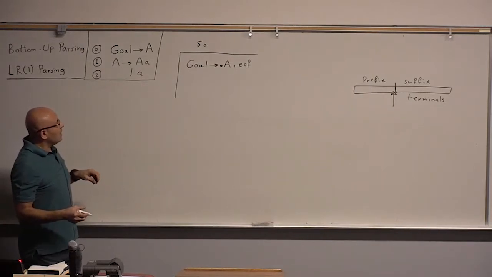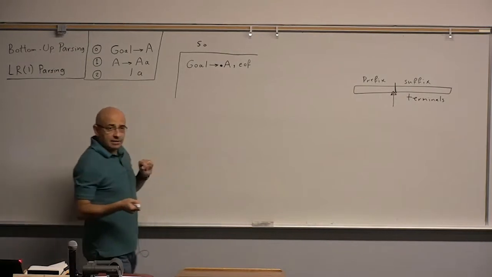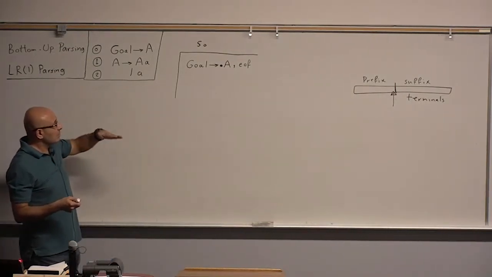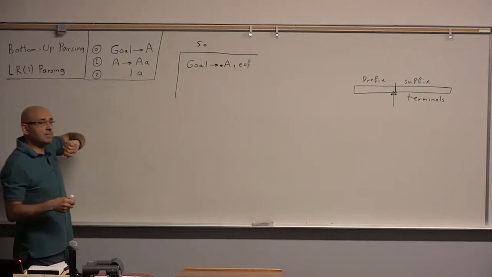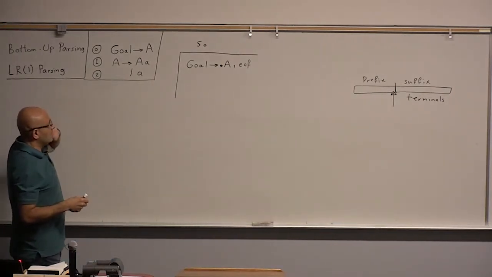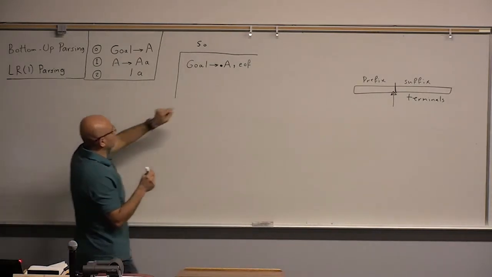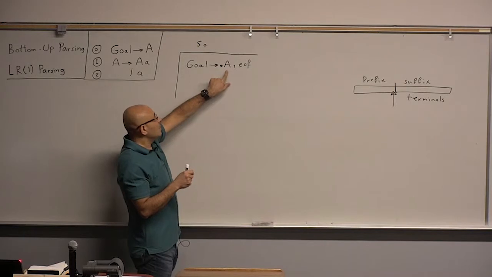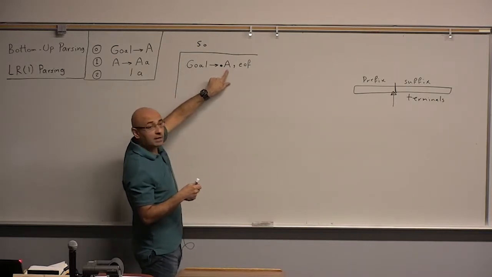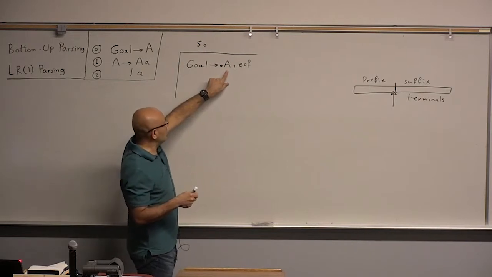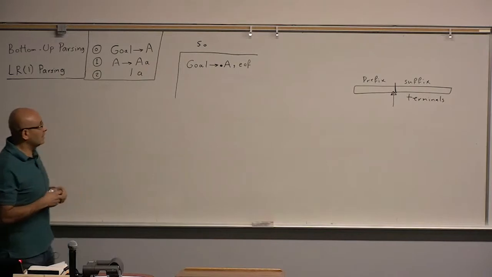Now, when we are at the beginning of an A, we have to look at the lower level rules to see where we can possibly be in those rules. This means that we are expecting an A. We haven't matched anything yet. If we can recognize an A, then we can make the reduction and we are done.